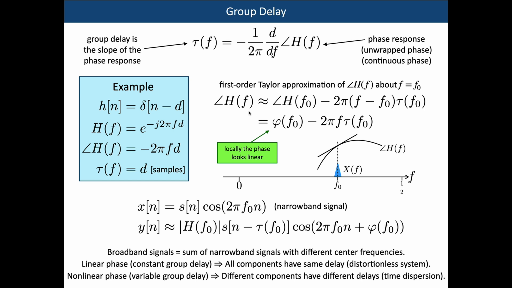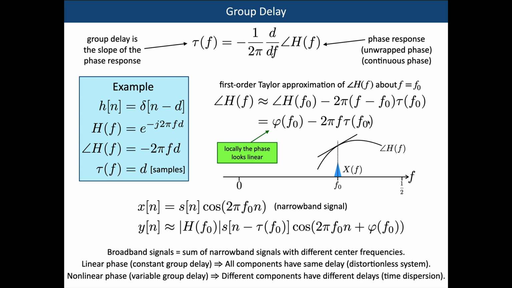If we were to do that, we'd have a constant term where we have the phase evaluated at this frequency f0, and then we would have minus, the minus comes in because of the definition of the group delay with a negative sign in it. But then we would have minus 2 pi (f minus f0) times the group delay. Here's the derivative evaluated at that frequency.